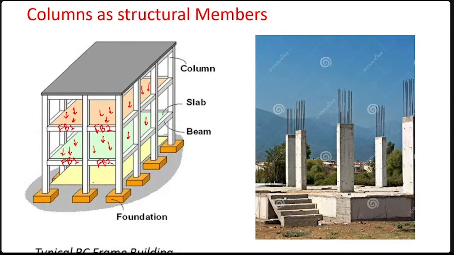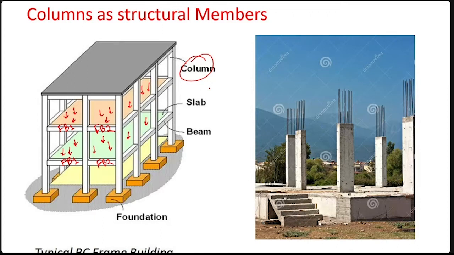By the way, at the same time, you need to understand that the dimensions of the column depend on the number of stories. If this is a three-storied building, the columns will be narrow. But if you construct 10 stories, for example, having the same layout plan, the columns will be much bigger in size.